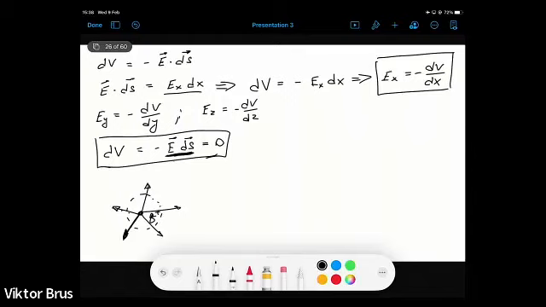With this, we can also take advantage of spherical symmetry.